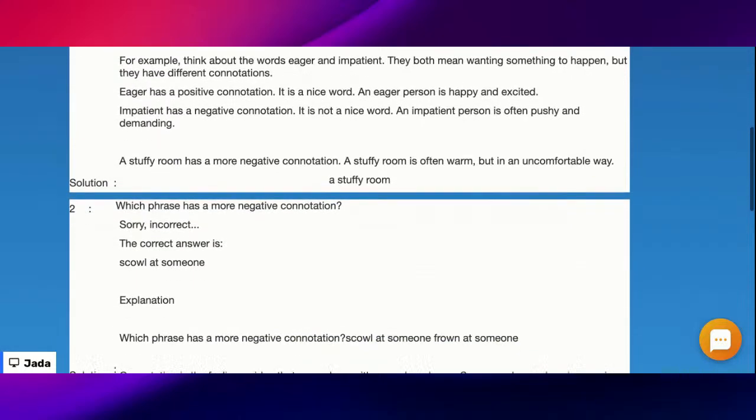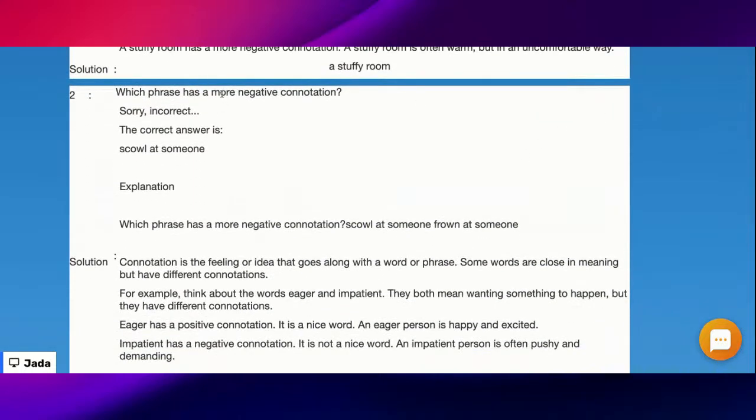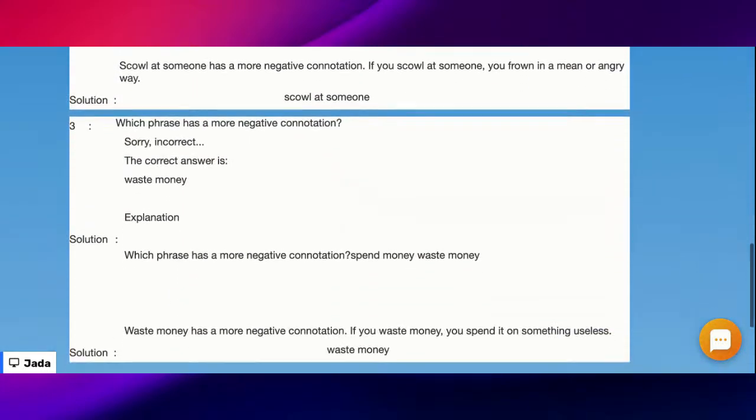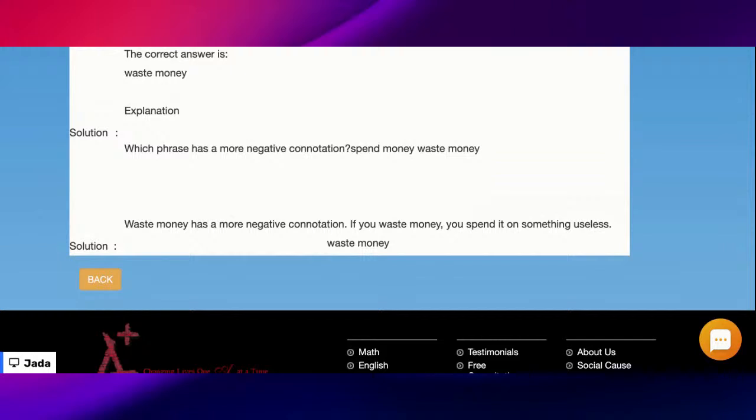And then, which is more negative? Scold someone or frown at someone. If you scold someone, it is more negative. And then, spend money or waste money, which is more negative? It is waste money.